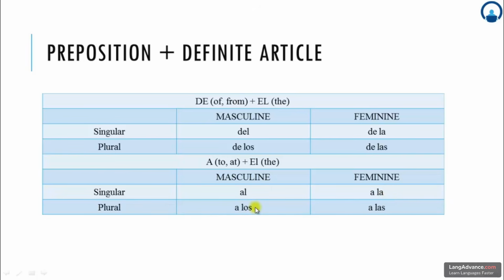For plural and masculine, it is a los, and for plural feminine, it is a las. Again the same thing, that while it is singular and masculine, only then the preposition and the definite article are combined together. For the rest of them, it is not combined. They are two different words.